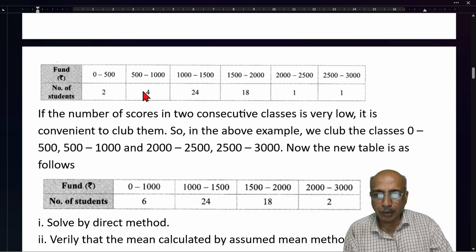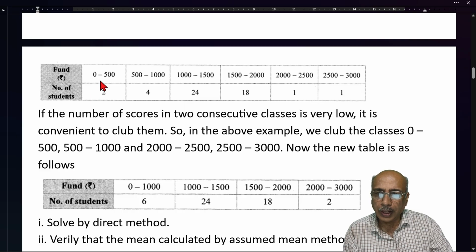Here the table is given, but if the number of scores in two consecutive classes is very low, it is convenient to club them. So in the above example, we club the classes 0 to 500, 500 to 1000, 2000 to 2500, 2500 to 3000. Now the new table is shown below.